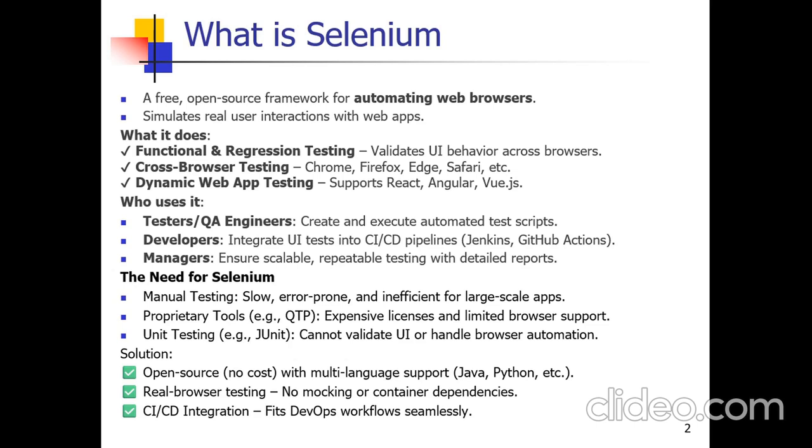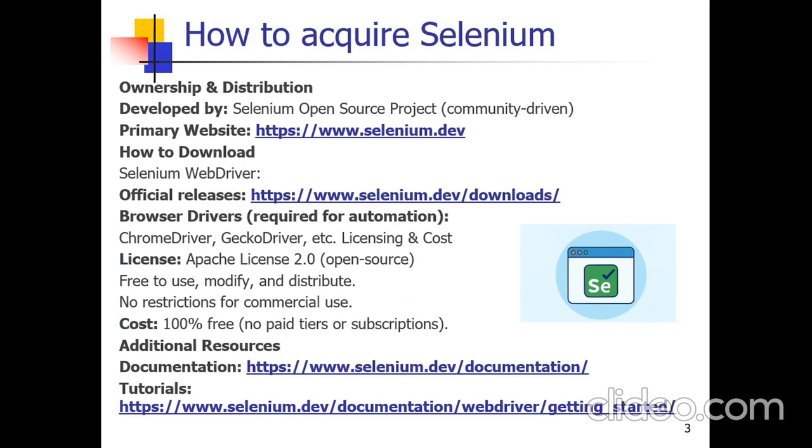Selenium is the solution. It's free and open source, supports multiple languages like Java and Python, provides real browser automation, no mocks or containers, and most importantly, it fits right into a DevOps workflow.